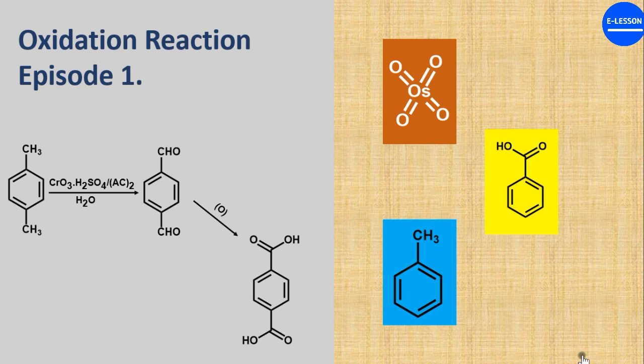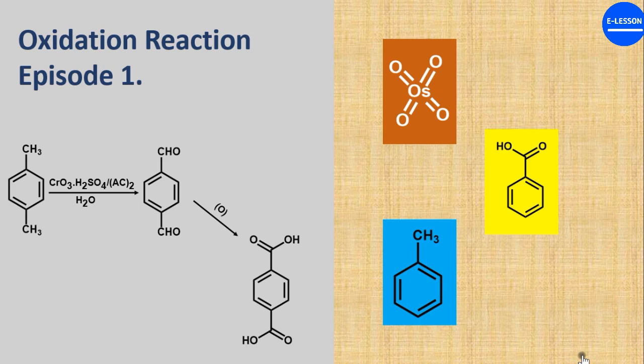Hi, in this lecture we are going to look at oxidation reactions as obtainable in organic chemistry. It is very important that you study the oxidation reactions in organic chemistry because most reactions that occur in organic chemistry generally are either oxidative or reduction reactions.